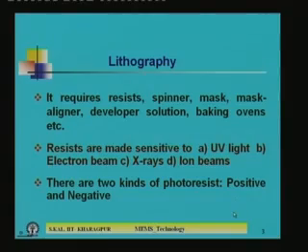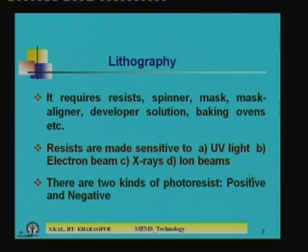Now, the photolithography process requires various chemicals, gadgets and equipment, namely photoresist, spinner, mask, mask aligner, developer solution, baking ovens, etc. Photoresists are made sensitive either to UV light, electron beam, X-rays or ion beam.